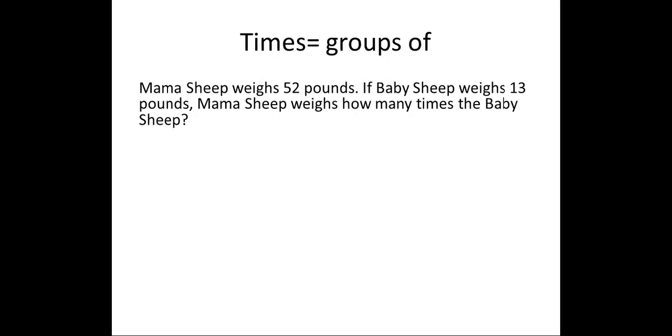Times. Okay, Mama sheep weighs 52 pounds. A baby sheep weighs 13 pounds. Mama sheep weighs how many times the baby sheep? You may say in this specific problem, we don't have the word as here. That's right, students.